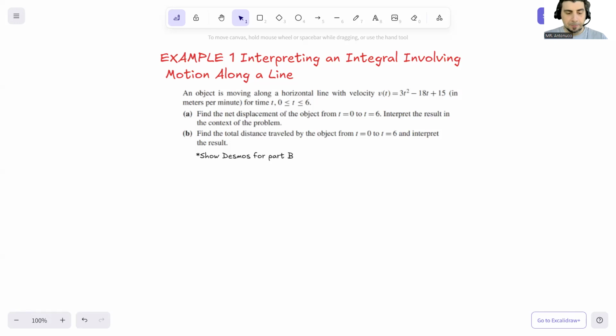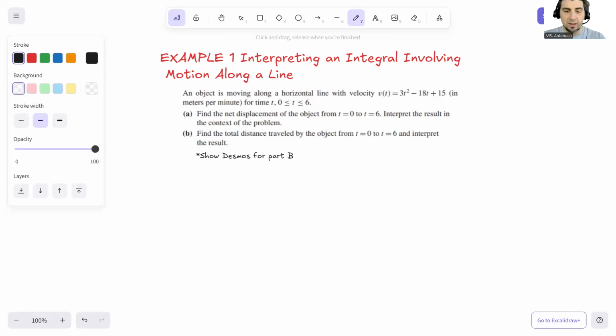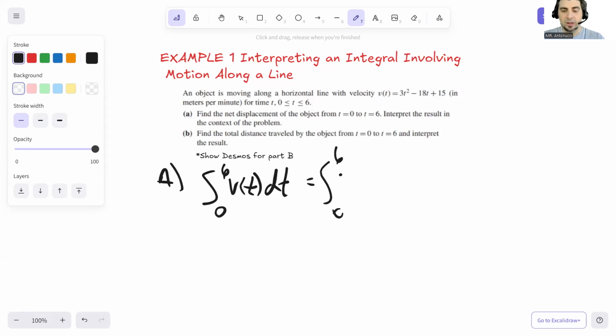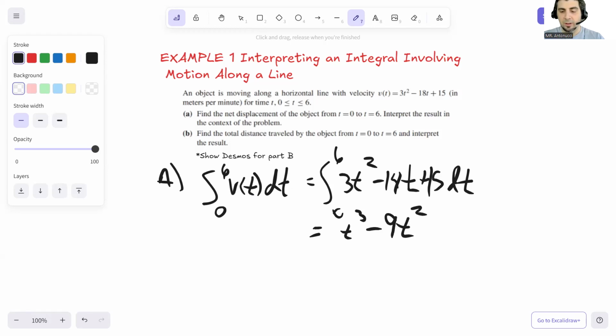The net displacement, for part A here, is going to be the integral from 0 to 6 of v of t dt. So we have the integral from 0 to 6 of 3t squared minus 18t plus 15 dt, which is going to be t cubed minus 9t squared plus 15t evaluated at 0 and 6.